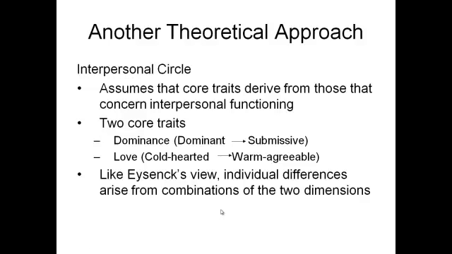So, for example, someone who would be arrogant and calculating would be on the dominant side of the dominance trait, and on the cold-hearted side of the love dimension. Someone who is unassuming and ingenuous would be on the submissive end of the dominance trait.